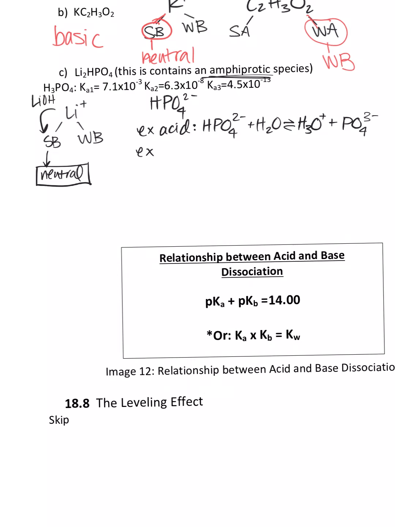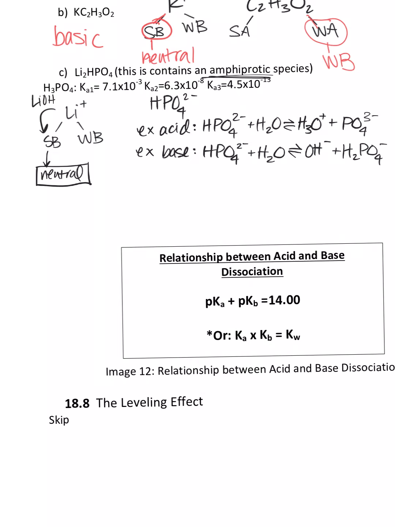It can also act as a base, so the same species, hydrogen phosphate, can strip a hydrogen from water and create hydroxide and dihydrogen phosphate. Okay, so those are the two examples.